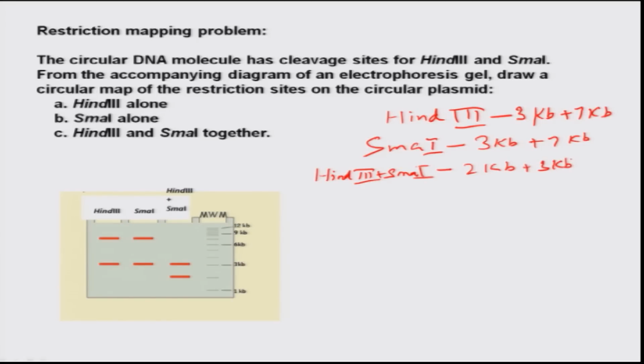So the total size of the vector here is 10 kb. First let us draw a circle and the total size, which is 10 kb.